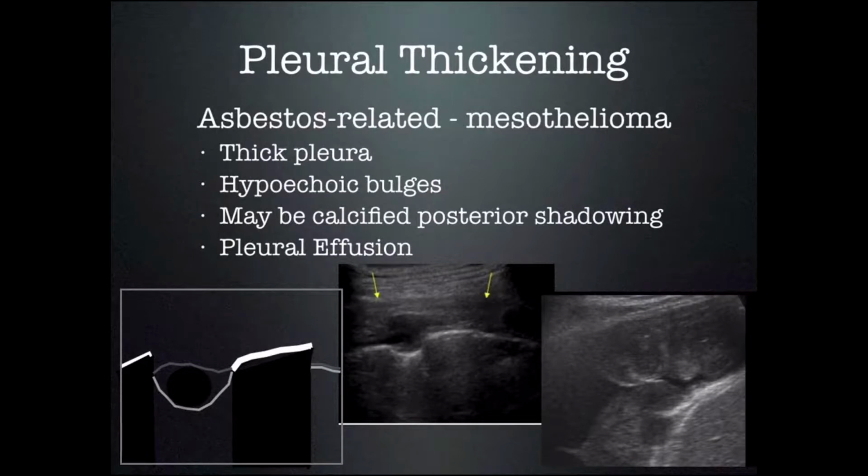And this is the mesothelioma itself, which is generally cancerous and may be associated with calcifications. Calcifications are very easy to see by ultrasound, and they are very bright and they cause posterior shadowing. This case does not have calcifications, but mesothelioma often has calcifications. It would be very easy to see.